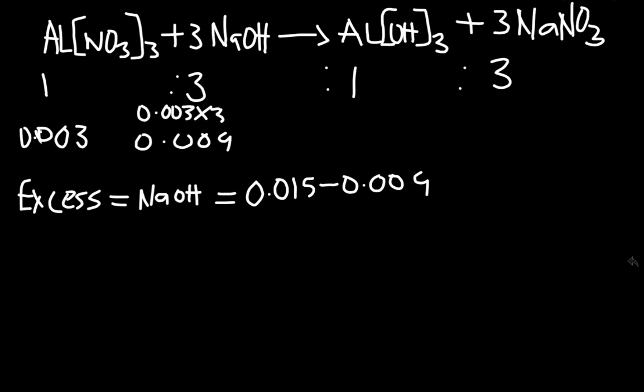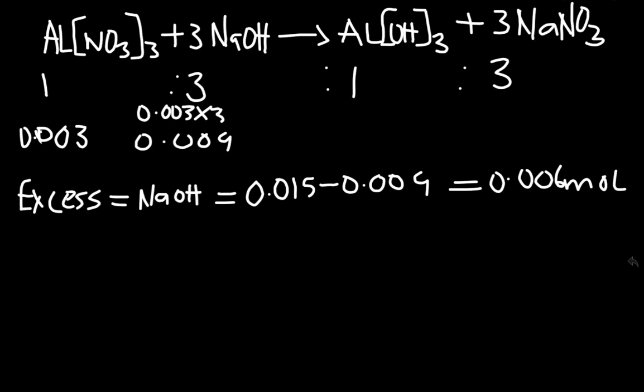If you punch your calculator, you arrive at 0.006 mole. So from here, we already know our sodium hydroxide is in excess.